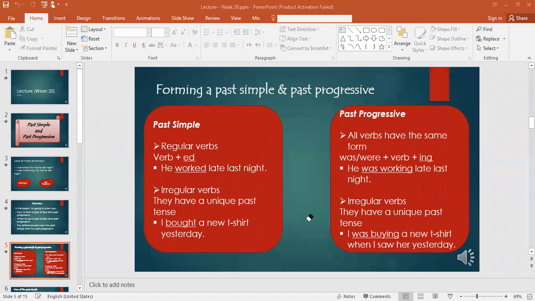In the past progressive, I have good news. There is no need to care if the verb is regular or irregular. Why? Because all the verbs follow the same rule. Let's look at the examples.